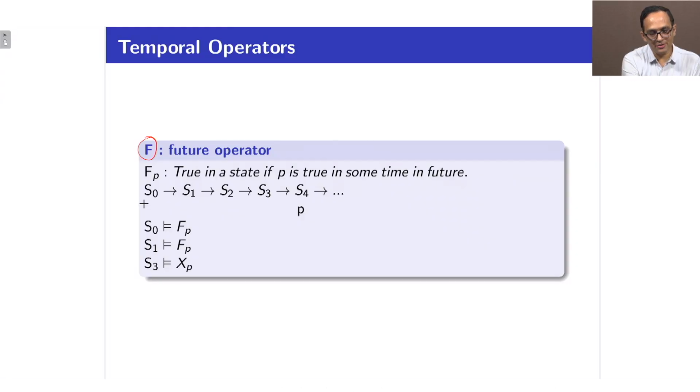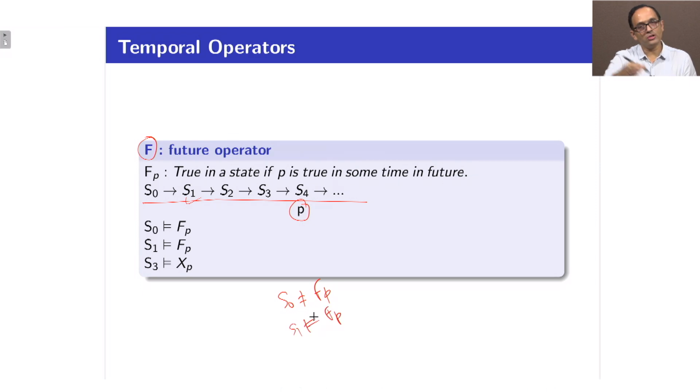Say for example, I have a state transition like this: S0, S1, S2, S3, S4. Here p holds in S4, then I still write S0 satisfies future p, because after some time, after the 4th state, it is happening. Even S1 satisfies future p, because for S1 also p is true somewhere in the future.